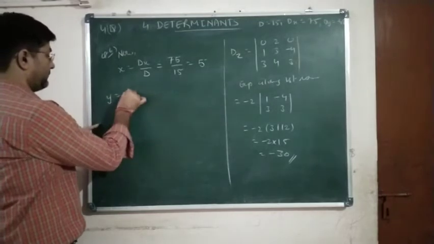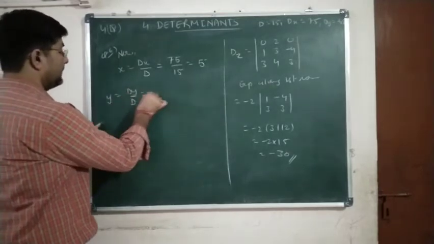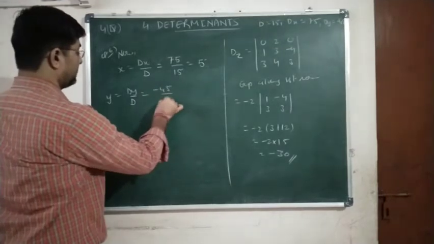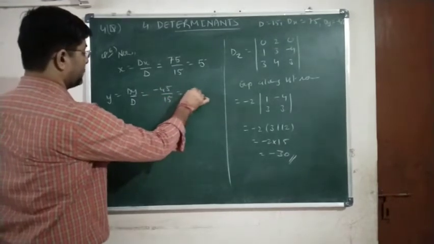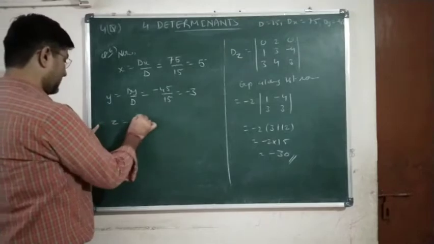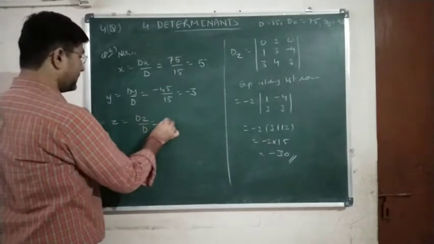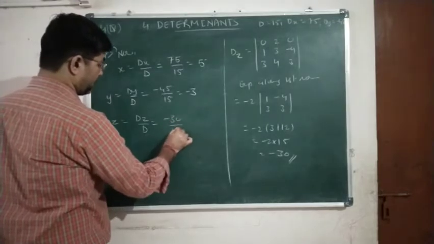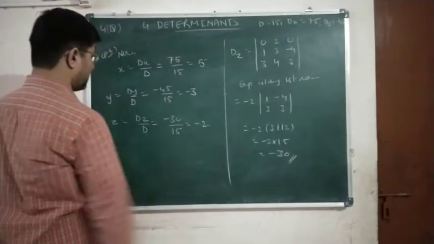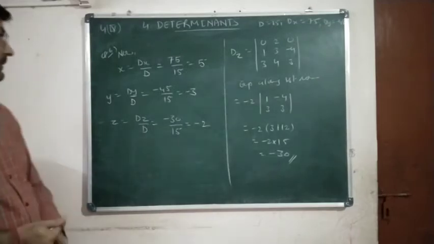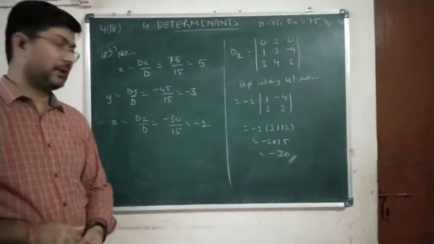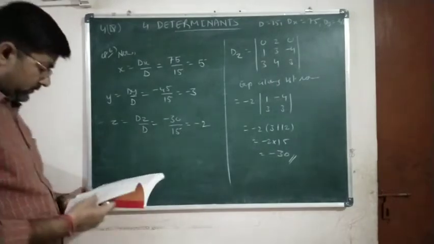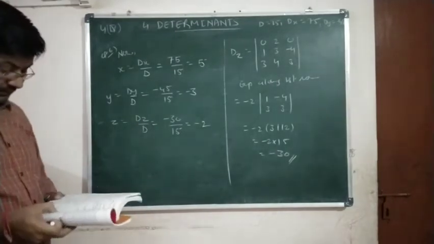Then y is equal to dy upon d. dy is minus 45, so y is equal to minus 3. And z is equal to dz upon d, so minus 30 upon 15 is equal to minus 2. So we got the values of x, y, z to be 5, minus 3 and minus 2. Now this question number 6 is over.